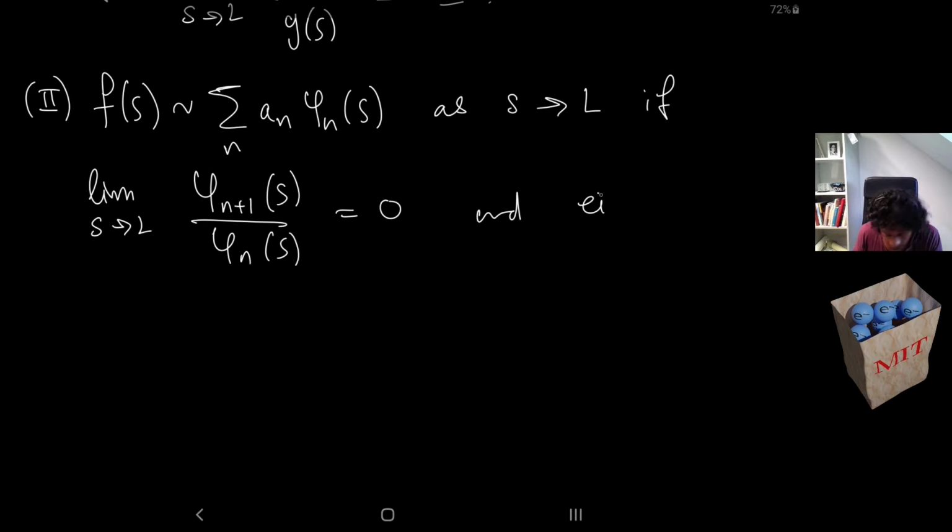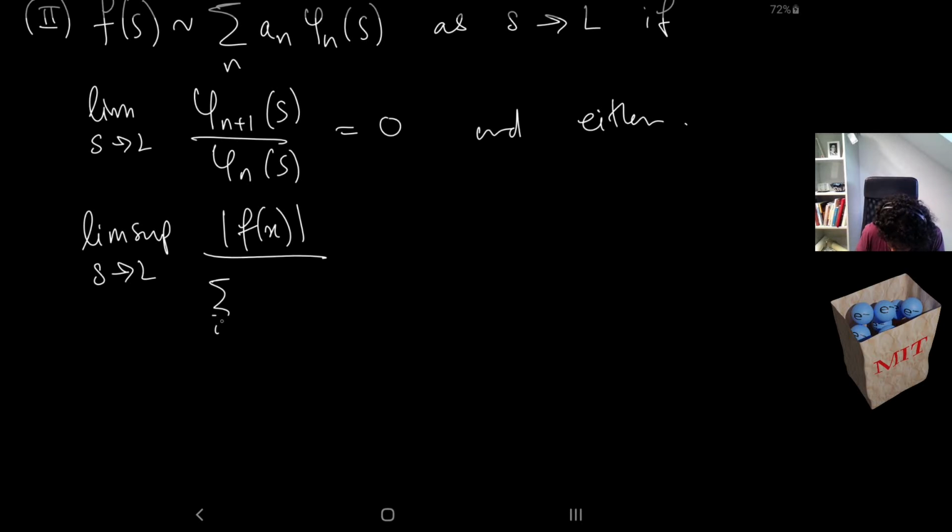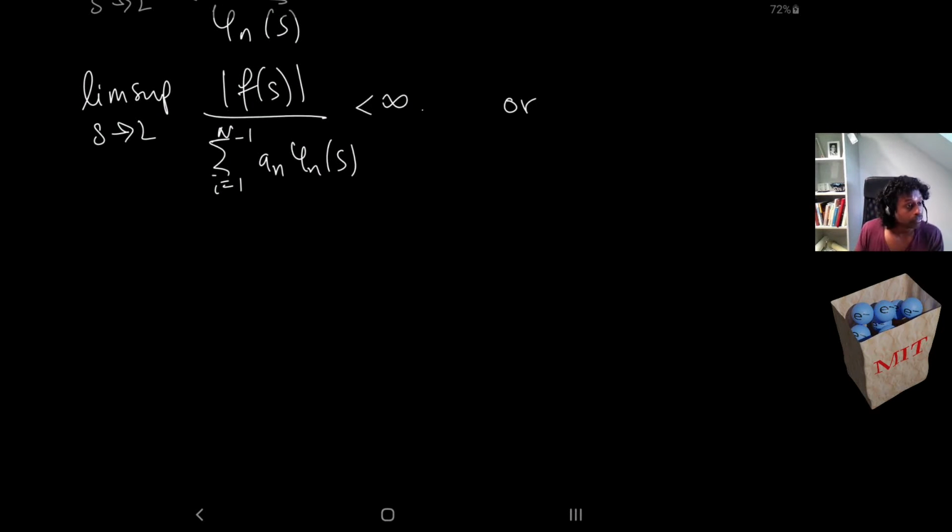Either the lim sup as s goes to L of f of s divided by the sum i equals 1 to n minus 1 of a n phi n of s is finite, or the limit as s goes to L of f of s over the sum i equals 1 to n minus 1 of a n phi n of s goes to 0.